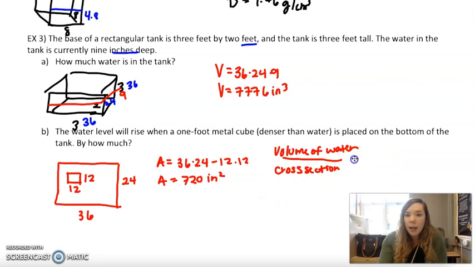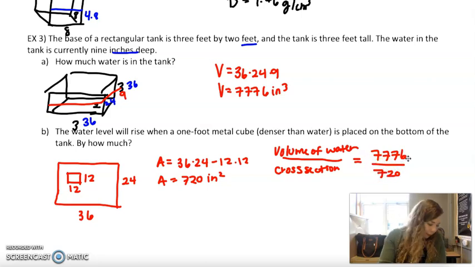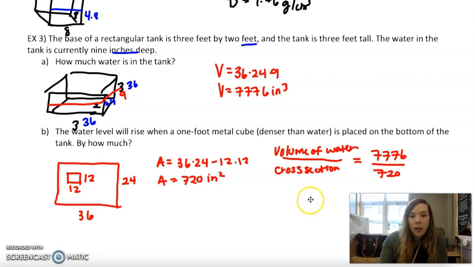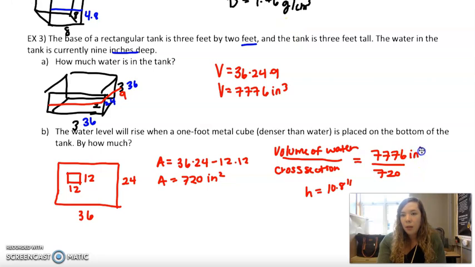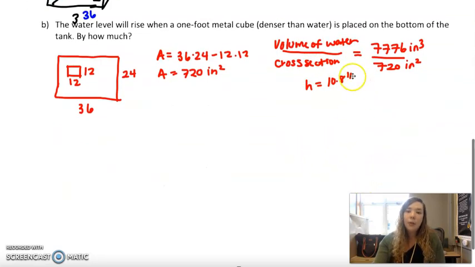So if I take my 7,776 divided by that 720, I'm going to get a new height of just 10.8 inches. And then remember, this was cubic inches, this was square inches, so those will divide out to just be inches to the first power. So that's our new height.